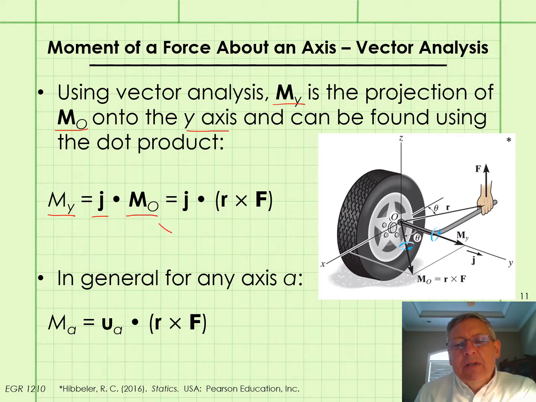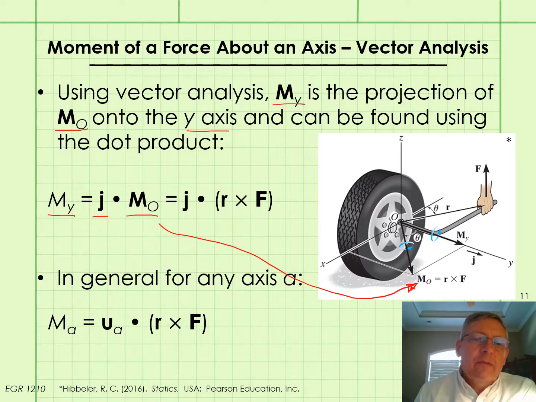And from the previous lecture, we learned that M sub O equals r cross F. Now, you need to note that when we're dealing with the moment of a force about an axis, that O can now be any point along that axis.